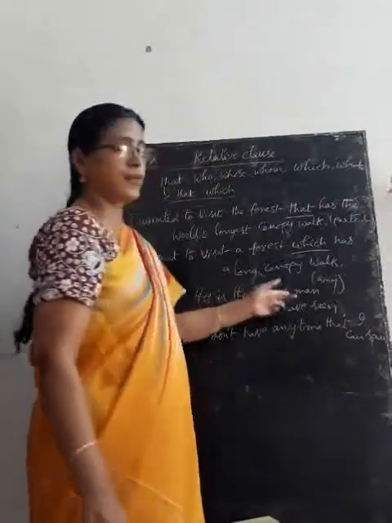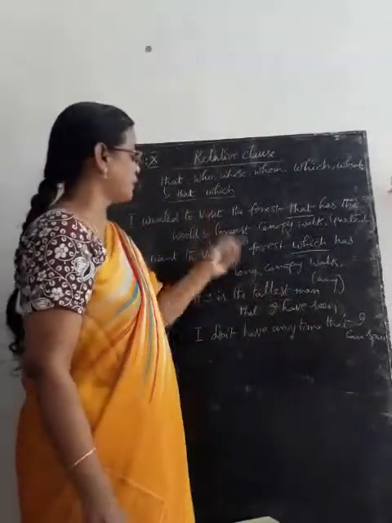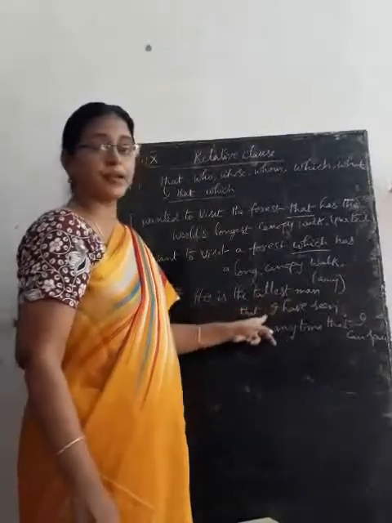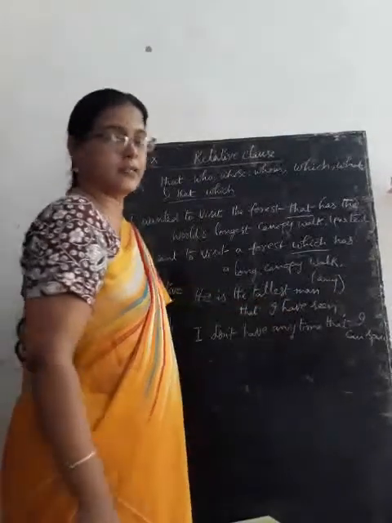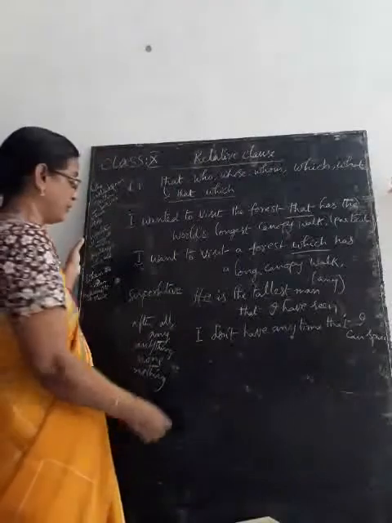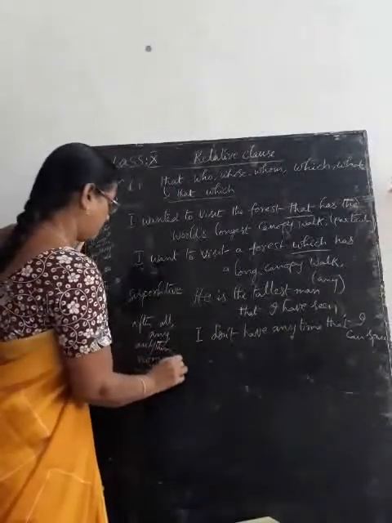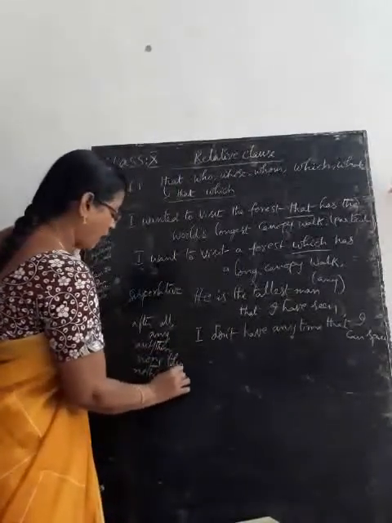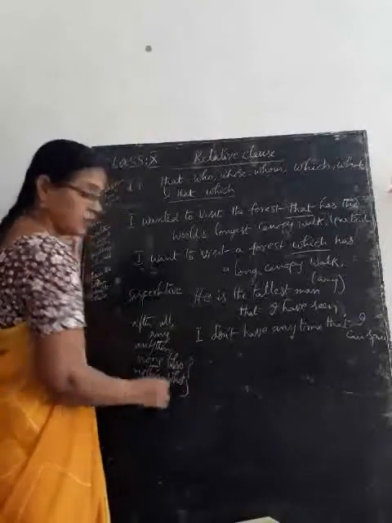Here, superlative degree. After a superlative degree we use the relative pronoun that. He is the tallest man that I have seen. Next, with the interrogative pronouns who and what we also use that.